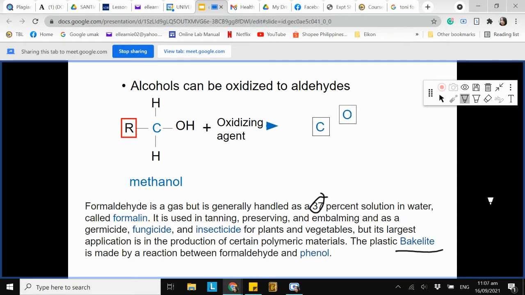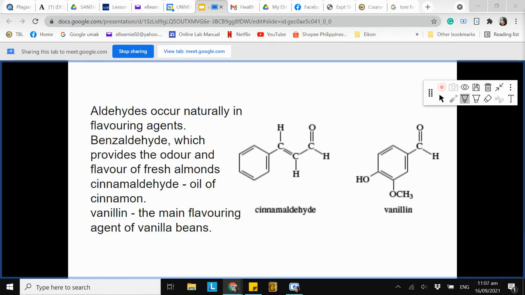Then also, let me just go to the next page. Now, aldehydes also has another function in terms of flavoring. So you have benzaldehyde for almond flavor, cinnamaldehyde for cinnamon, then vanillin for vanilla beans. So dati noon, pag gusto niyo magkaroon ng flavor, you have to get the actual material tapos ihahalo mo.